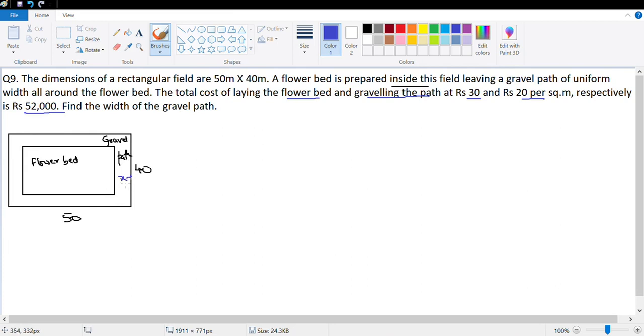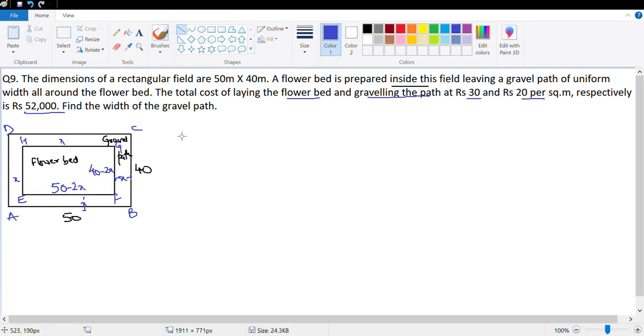So let the width of the gravel path be x, exactly like the previous question, which means, okay, so this is A, B, C, D. This is E, F, G, and H. So this is 50 minus 2x and the width would be 40 minus 2x. The cost is given at certain rate.